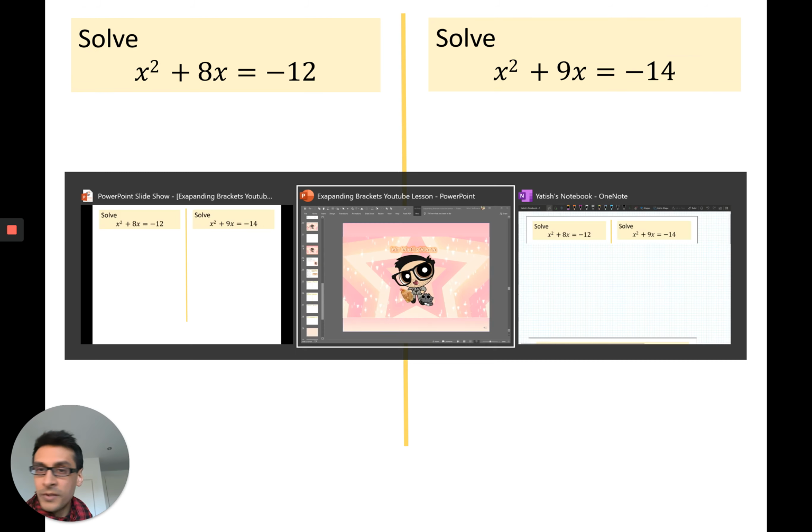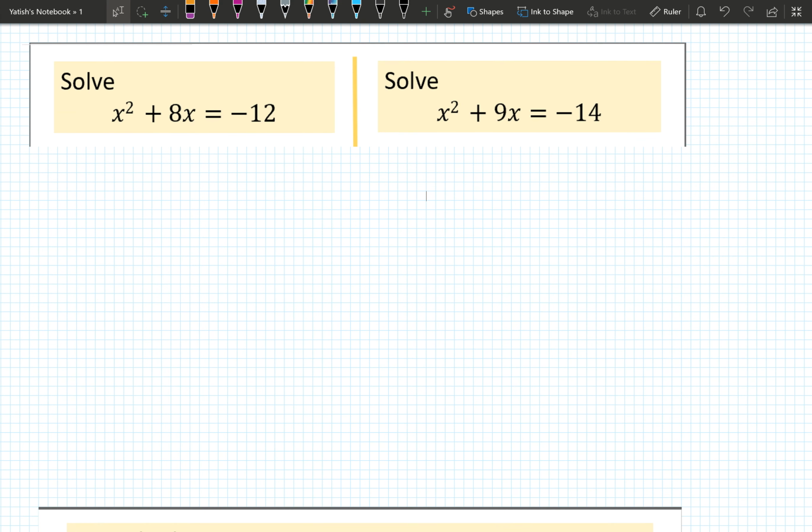So let's look at our first example here. x squared plus 8x equals negative 12. Well, to solve this, the first thing I'm going to need to do is add 12 to both sides. That will mean I have a 0 on the right-hand side. So x squared plus 8x plus 12 equals 0.